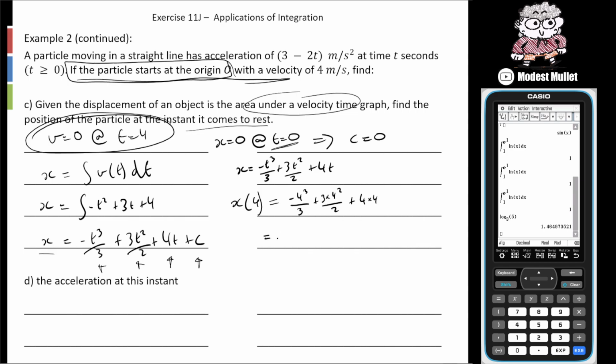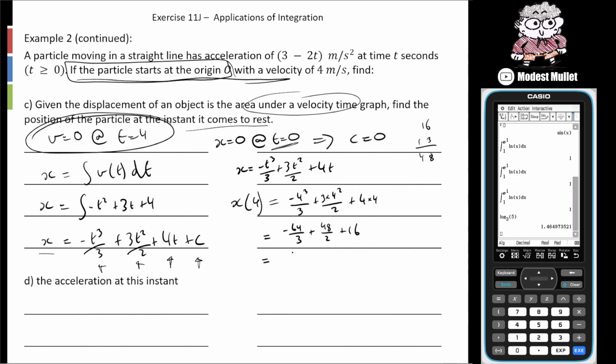There we go. Okay, 4 cubed is 64. Negative 64 on 3 plus 16 by 3 is 48, so we get 48 on 2 plus 16.